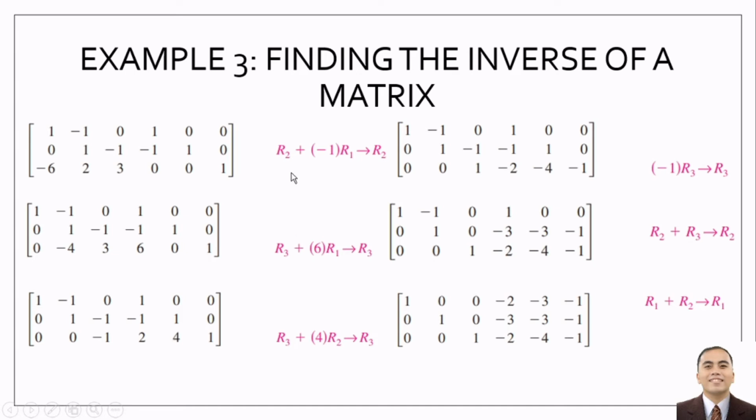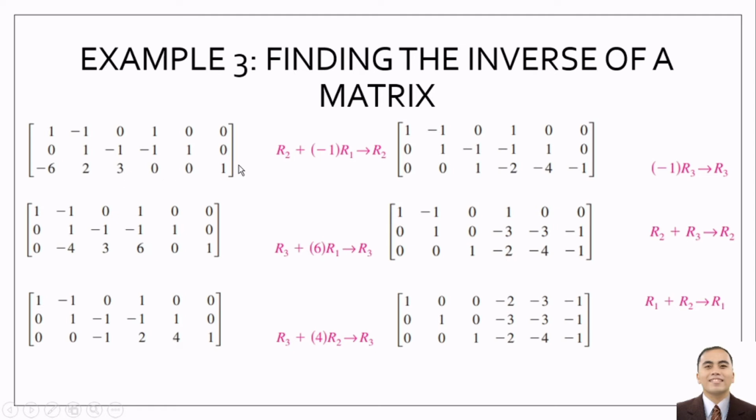So first, multiply negative 1 to row 1 and add to row 2 to produce the new row 2. It will result in 1, negative 1, 0, 1, 0, 0, 0, 1, negative 1, negative 1, 1, 0, negative 6, 2, 3, 0, 0, 1.